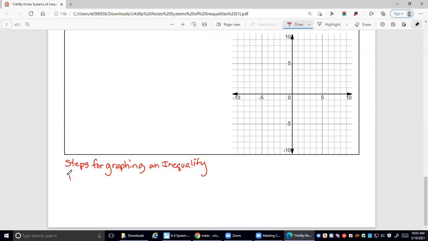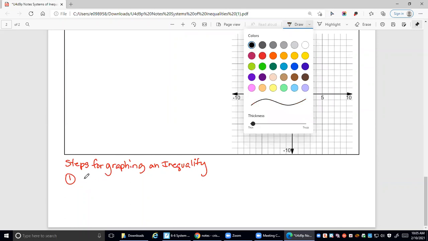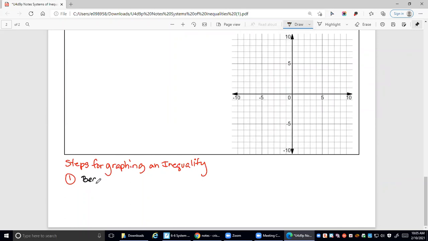So number 1, where do we always begin? We always begin, and this is really important that you understand, it must be in slope-intercept form, right? So that might be something critical. Maybe that's like step 0, okay?